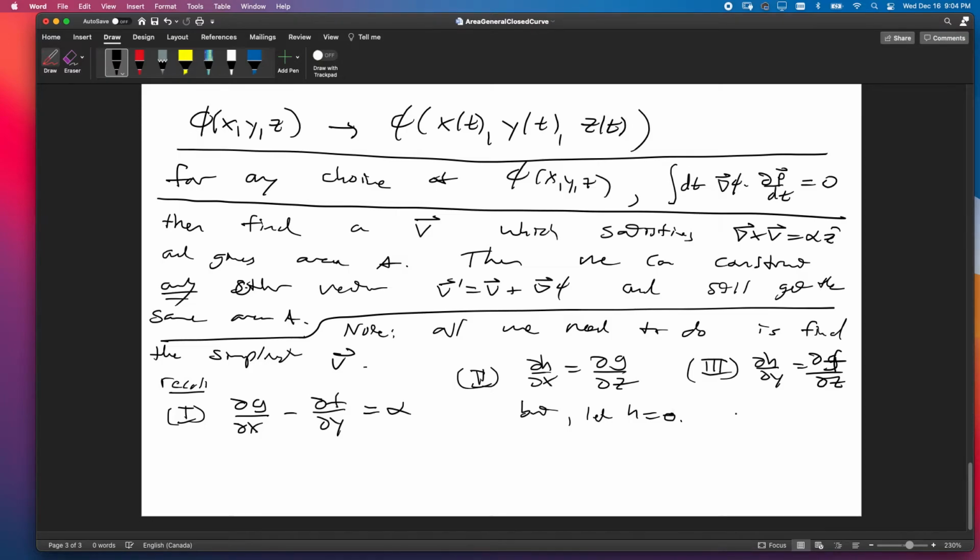Then dg over dz, and g is a function of x and y, and f is only a function of x and y. Make our life simpler. So this is simple.